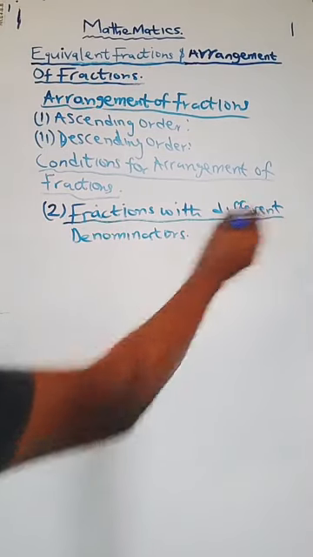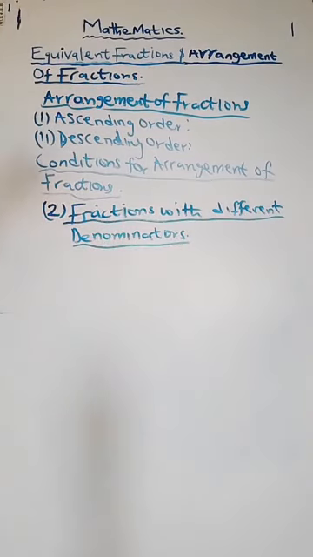How do we arrange them? Because they have different denominators, we have to use another method. When we want to arrange them, we have to look at the LCM. The fraction that has the largest value over the LCM will be the largest fraction, and the fraction with the smallest value over the LCM will be the smallest.